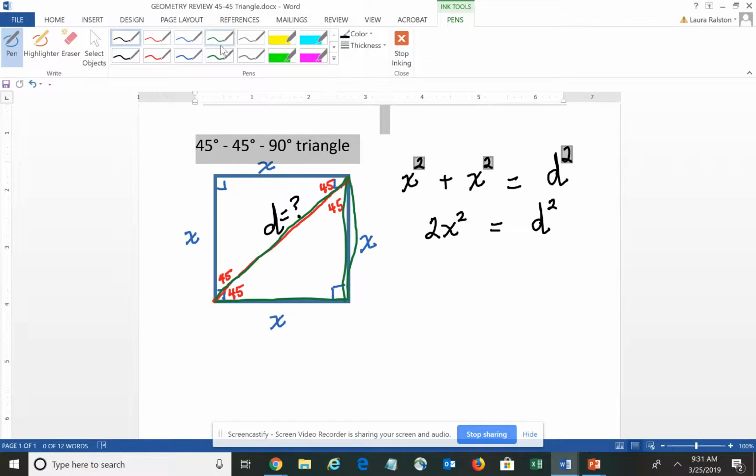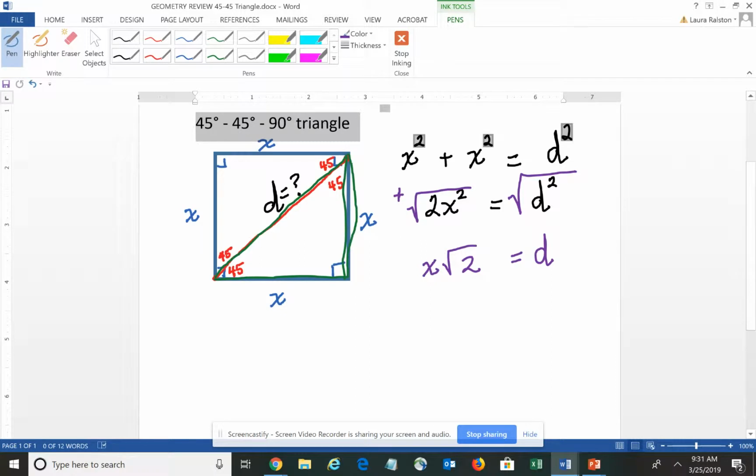To undo the square we take the square root. Because we're representing a distance, we can ignore the negative and focus on the positive. So the diagonal equals, and then I can simplify this radical, and we should always do that, we have a perfect root, so x times the square root of 2. From this, we now know the diagonal is the square root of 2 times x.